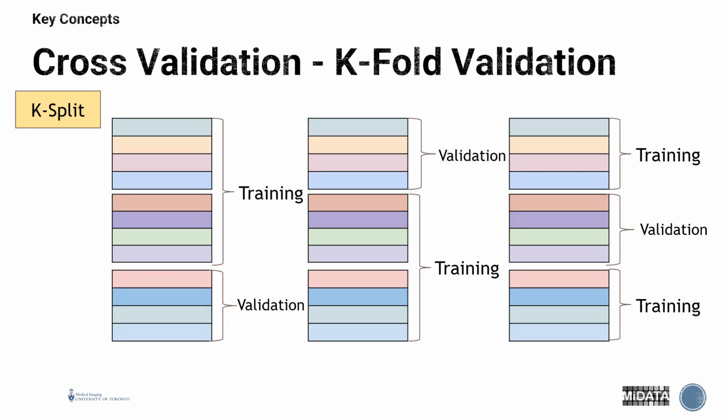Here's a simple three-fold cross-validation example. We start with 3 sections or 3 folds, the top 2 for training, the bottom for validation. We then shuffle them, and the top fold is for validation, the bottom 2 for training. Of course, the last combination possible is the middle fold for validation and the top and bottom for training.